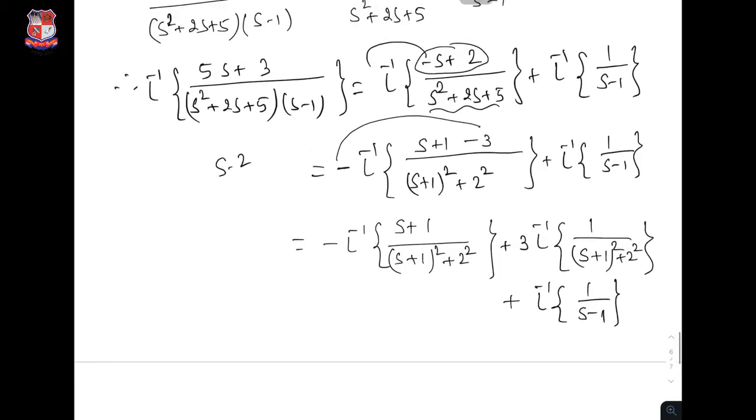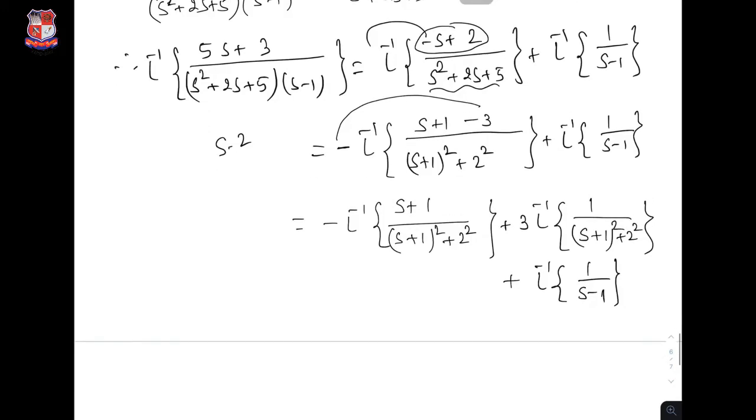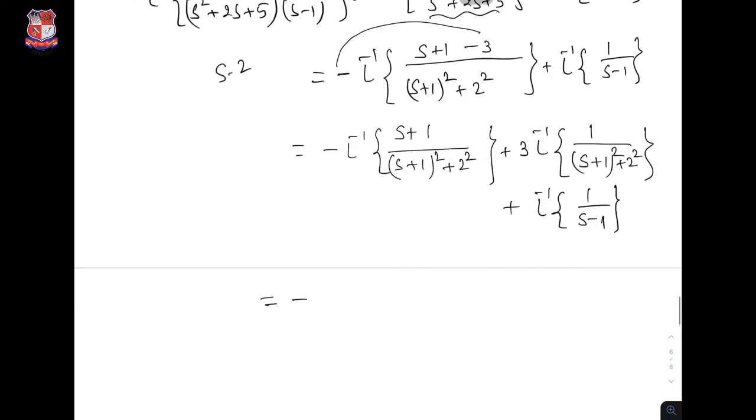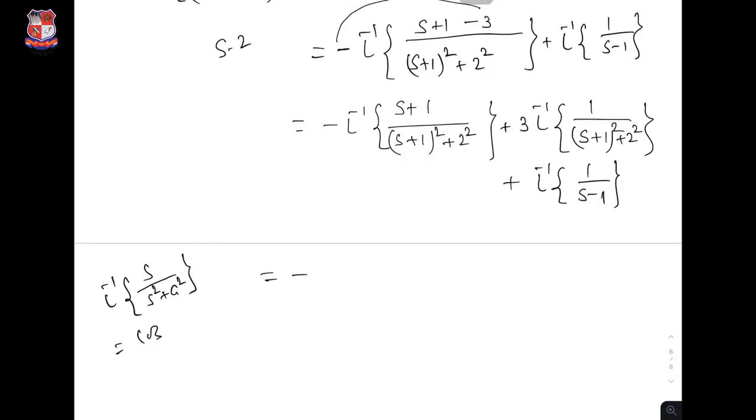Now this is standard. The inverse Laplace transform of s over s squared plus a squared is cosine at.